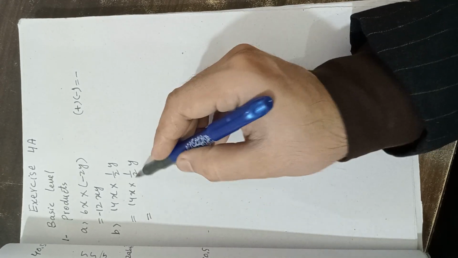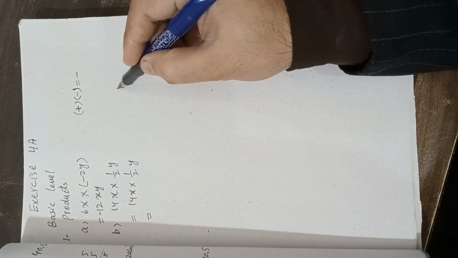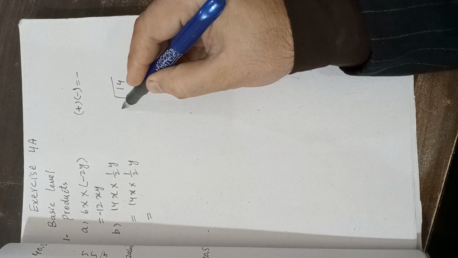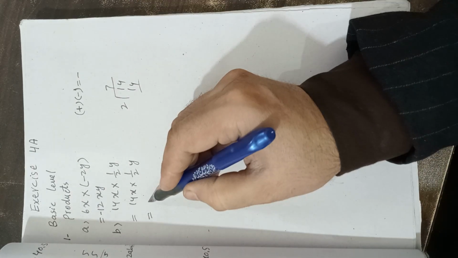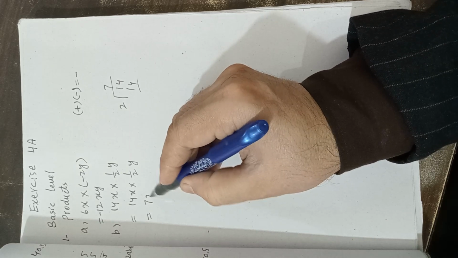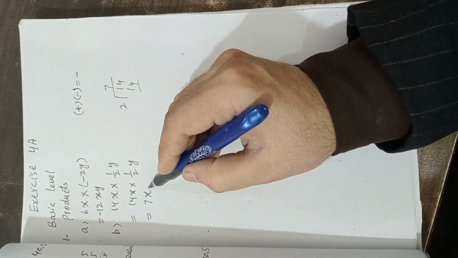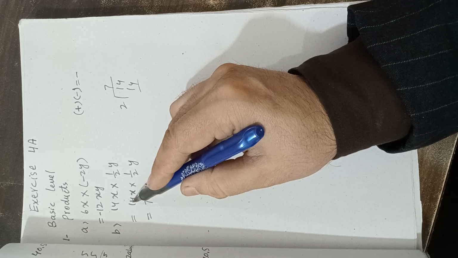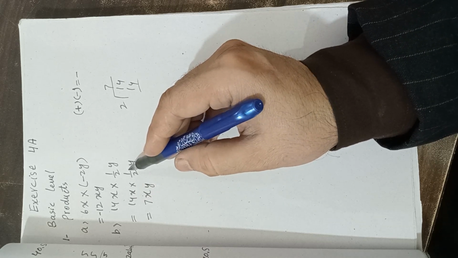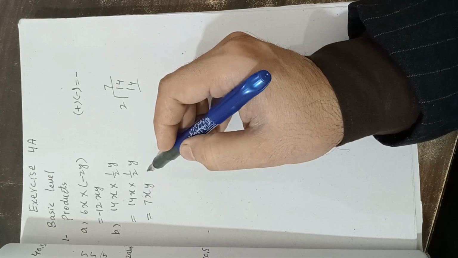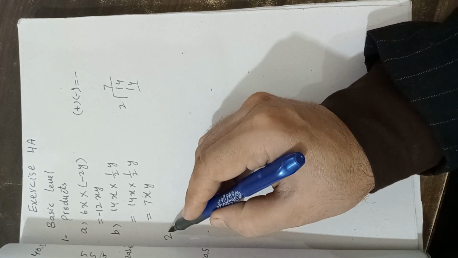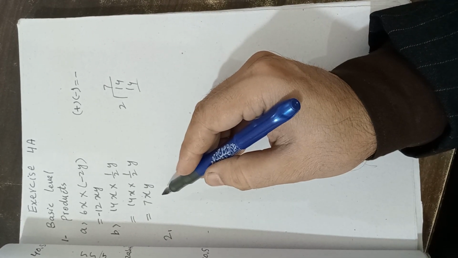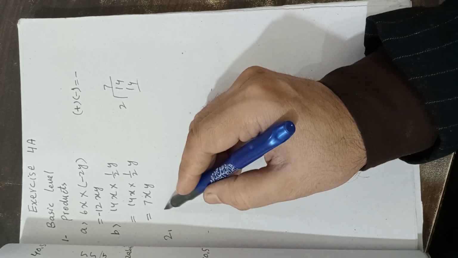When 14 is divided by 2, the answer is 7, because 2 7s are 14. So 7x multiplied by y, because when 7 is multiplied by 1, it will remain 7. 7xy is the answer.